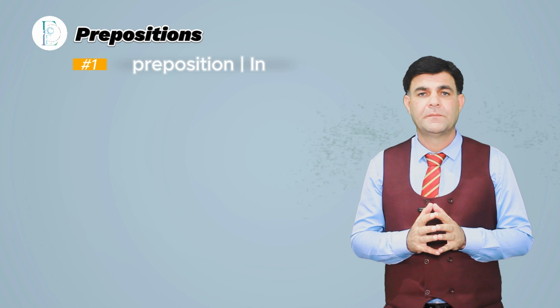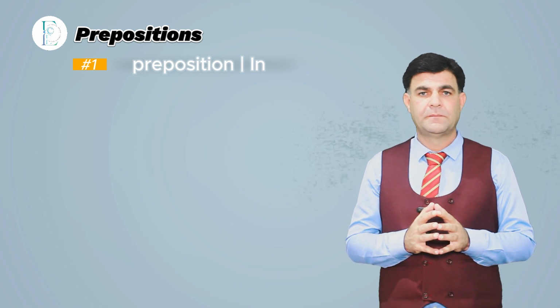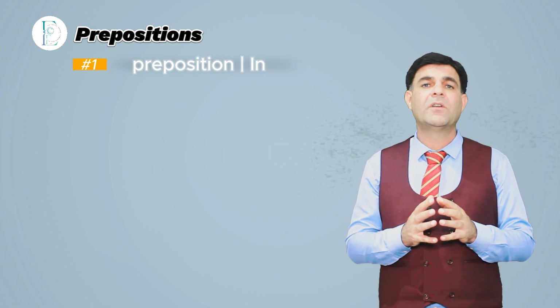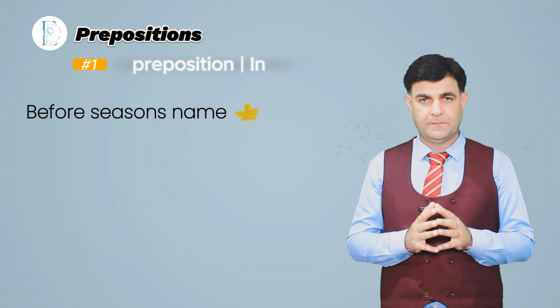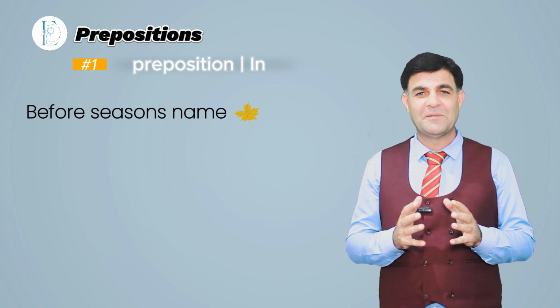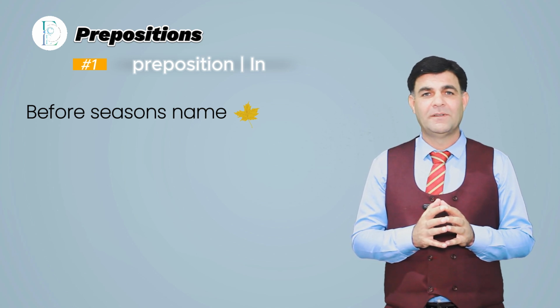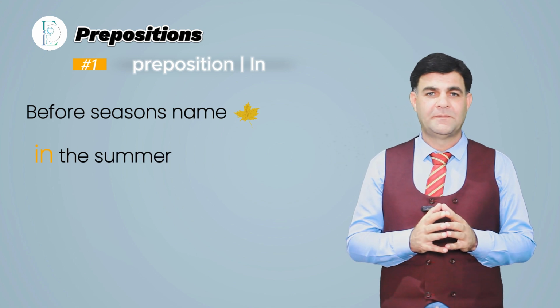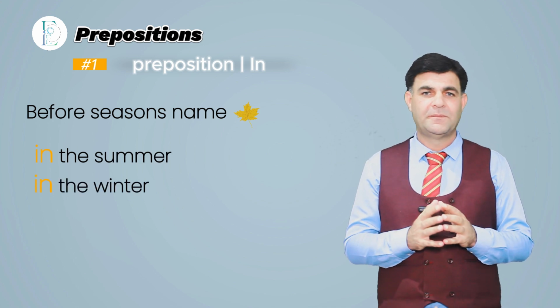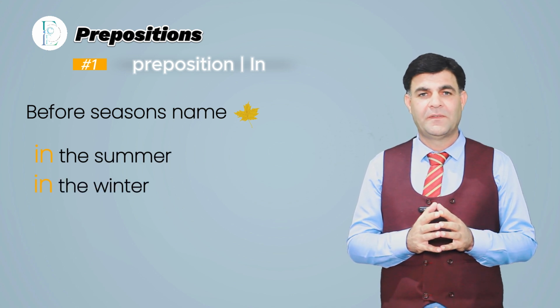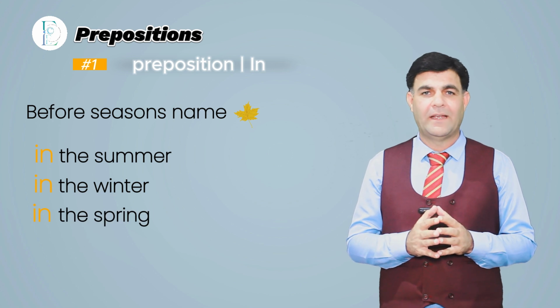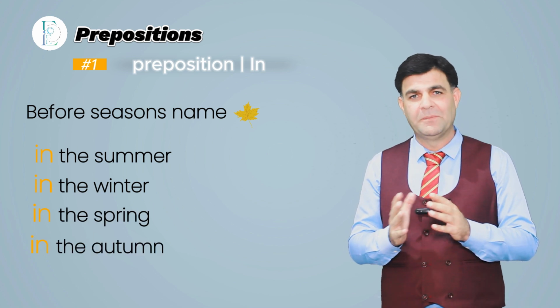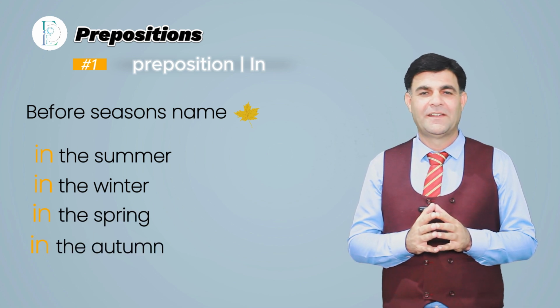Step 3, or use number 3. We use in before the names of seasons. Very simple and easy. For example, in the summer, in the winter, in the spring, and in autumn.